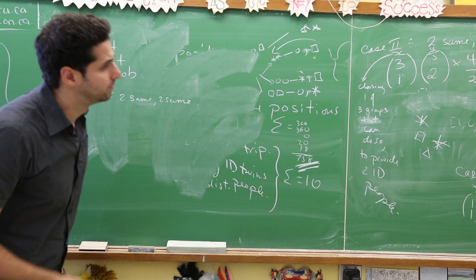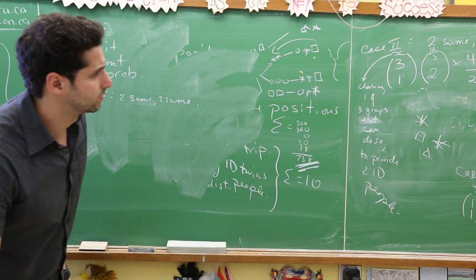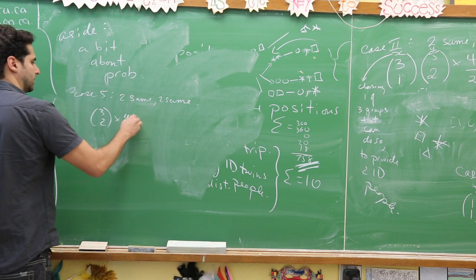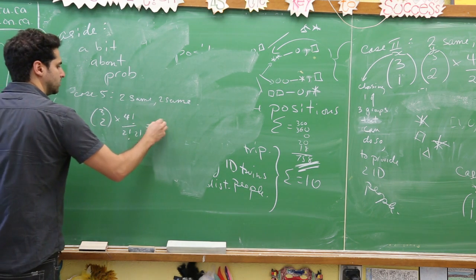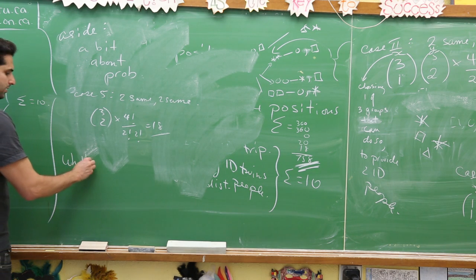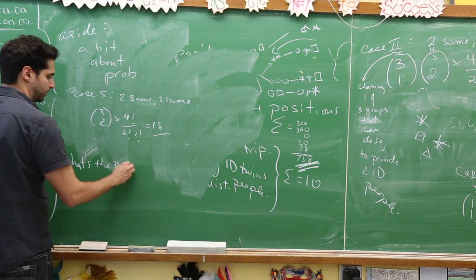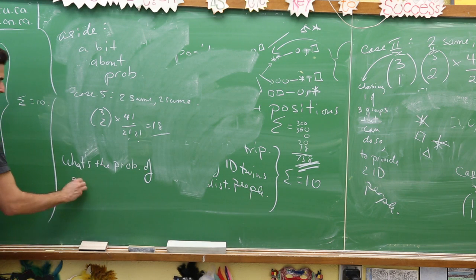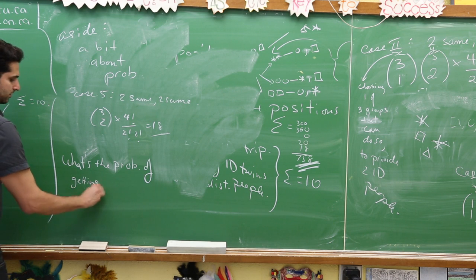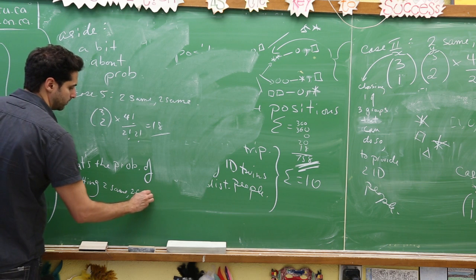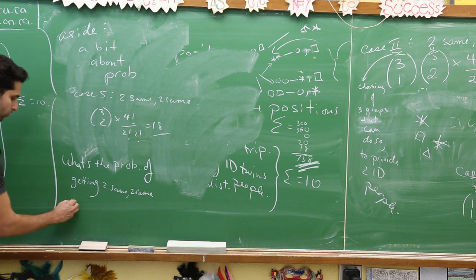And we did 3 choose 2, and then we just went like that, and that came to 18, right? Now if somebody asks you, what's the probability of getting 2 same for the 4 positions?